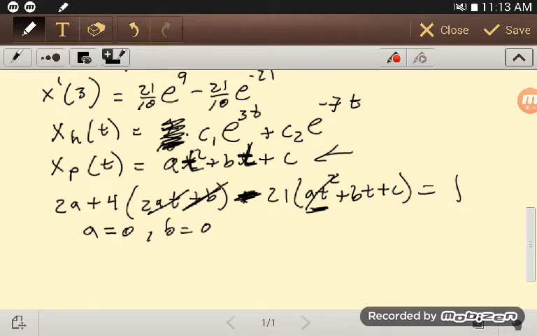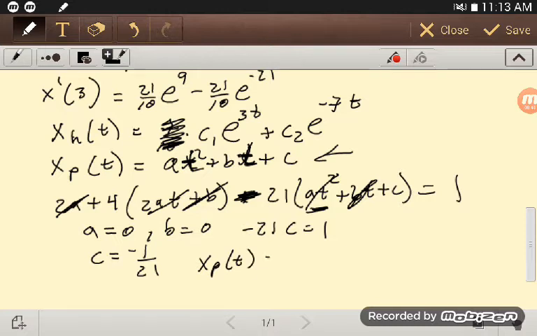Okay, so that's just gone, and 2a was gone, b was gone, and so we get that minus 21 times c has to equal 1, and so c equals minus 1 over 21. So we get our particular solution, xp of t, is just equal to the constant function minus 1 over 21.